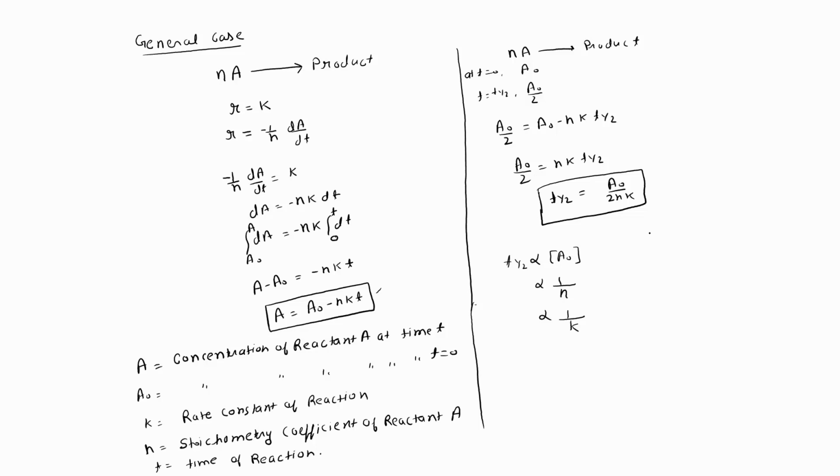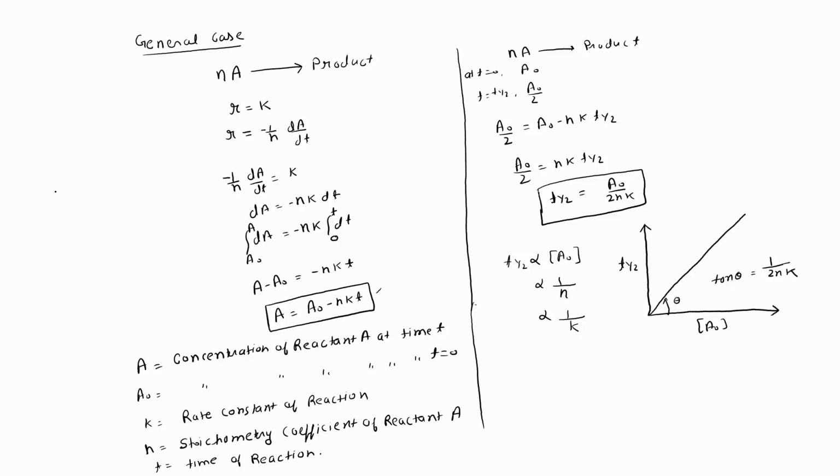So if we make a graph of t half versus initial concentration for this type of reaction, we get this graph. And the slope, which is tan theta, will be 1 upon 2nk, whereas for A to product it is 1 by 2k. Here we get 1 by 2nk.